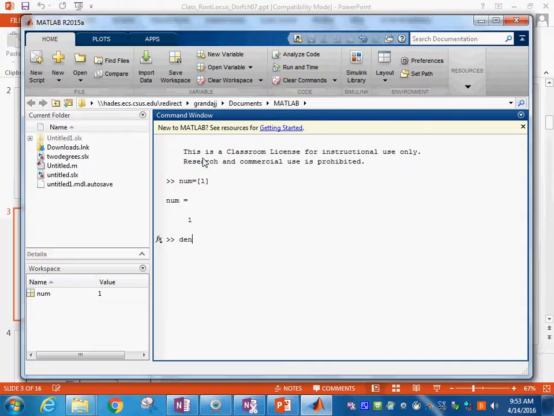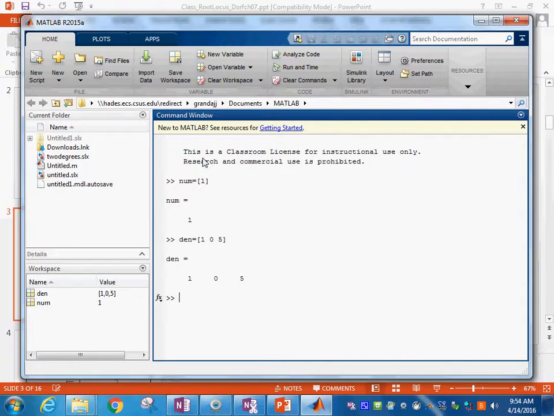The denominator is going to be s squared plus 5, right? So s squared would be 1 for s squared, plus 0 for s, and then 5 for the constant term.